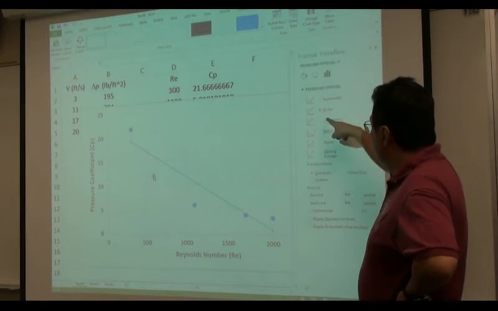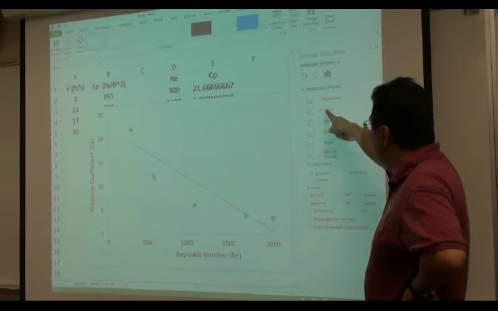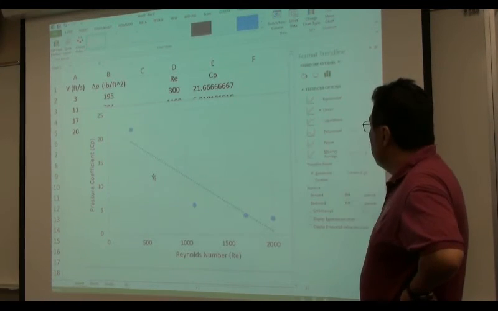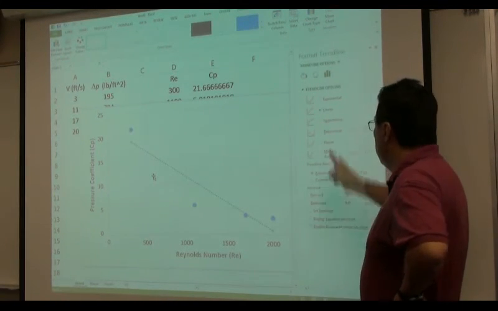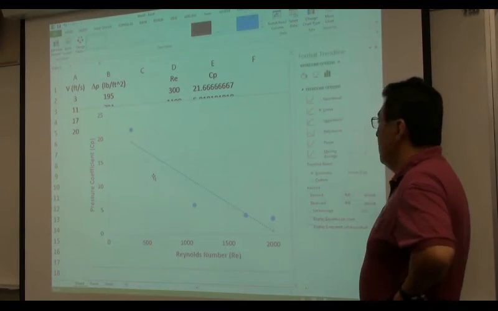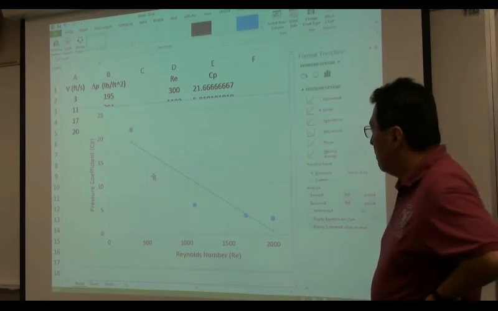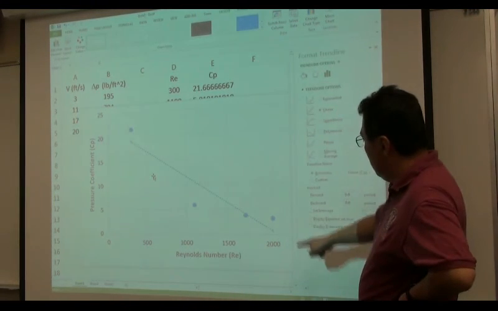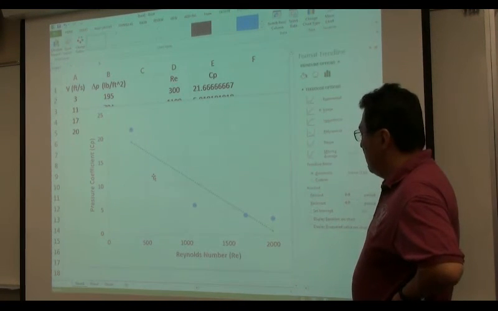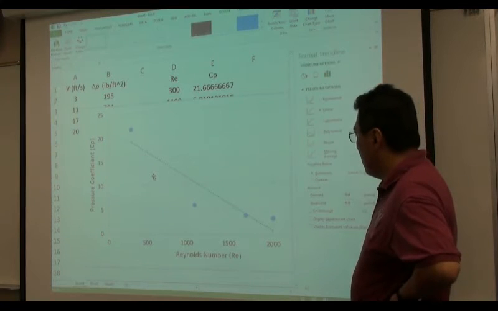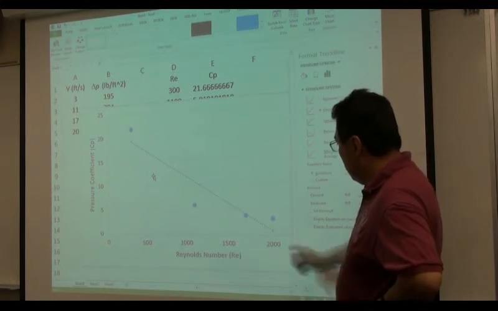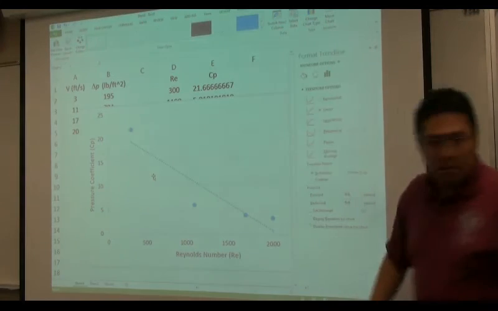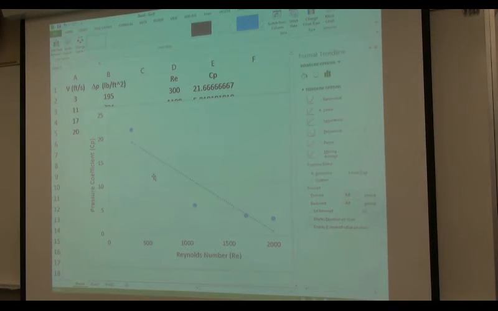Do you want to curve fit with a linear equation, exponential, log, polynomial, power? Well, it looks like this is a linear curve fit. It's pretty bad, huh? Because it doesn't look linear.